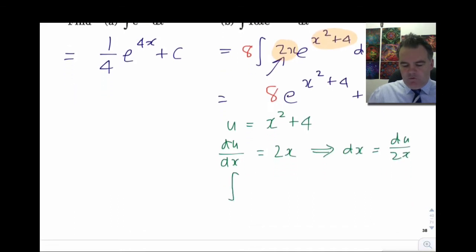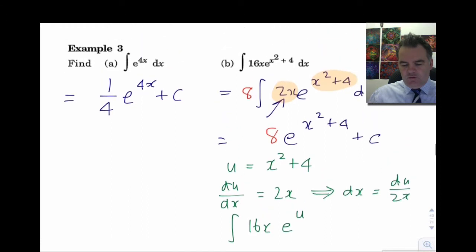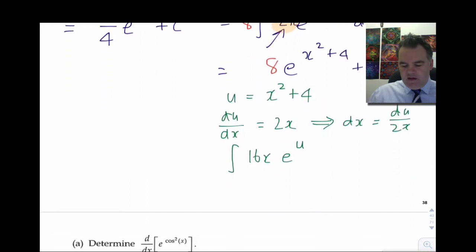We've got the integral of 16x e to the power of u, because u is x squared plus 4, and dx I'm going to replace with du over 2x. You can see now that the x's cancel.